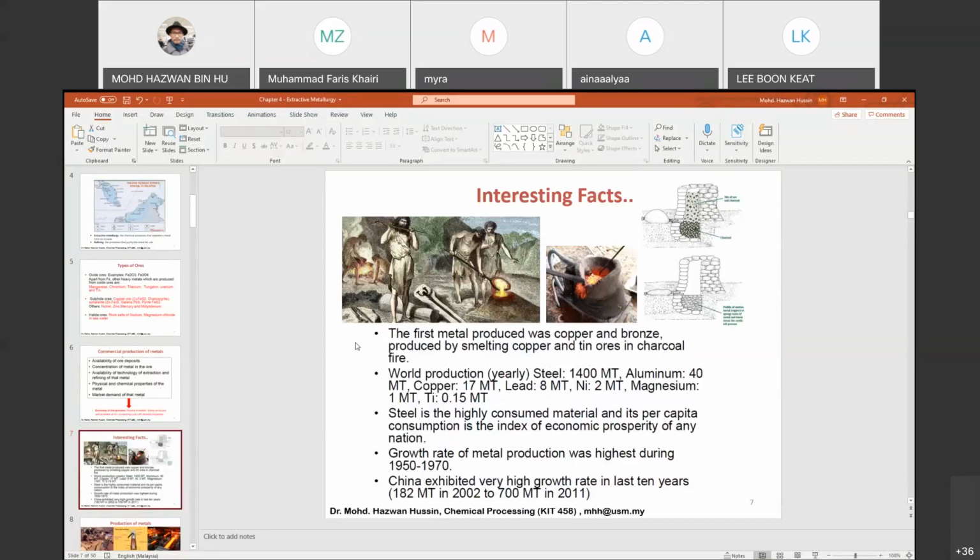They actually had the technology to produce metals. In the ancient world, they produced spears, blades, knives, axes, and so on using this technology. They knew how to produce these materials from experience.